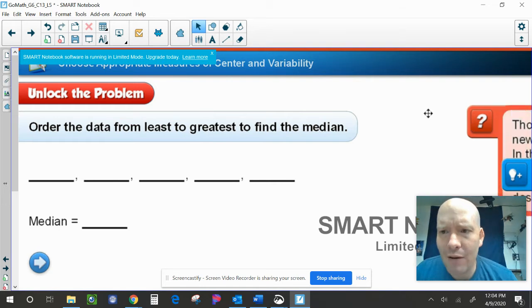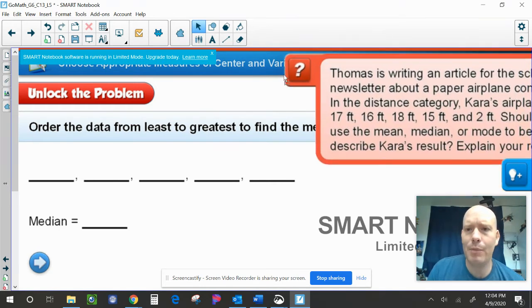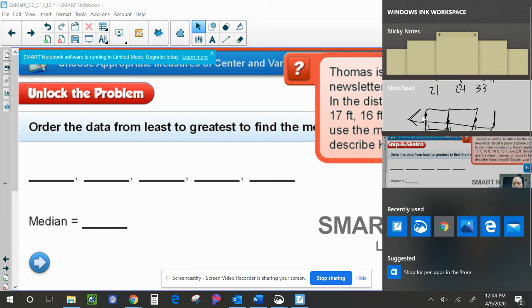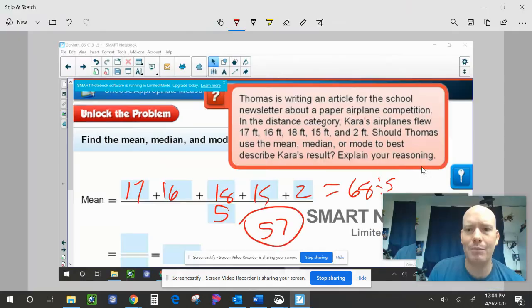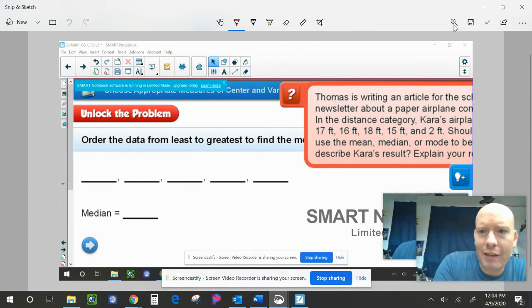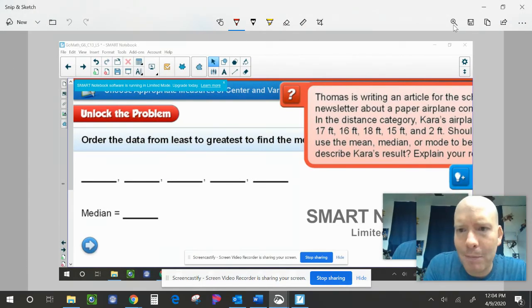Remember, with median, we have to put them in order from least to greatest. So I'm going to put my smallest number, the worst airplane, which flew 2 feet.